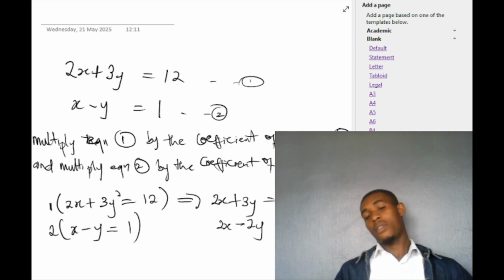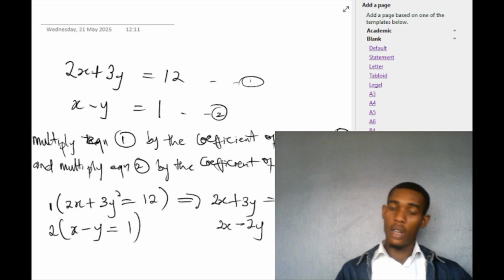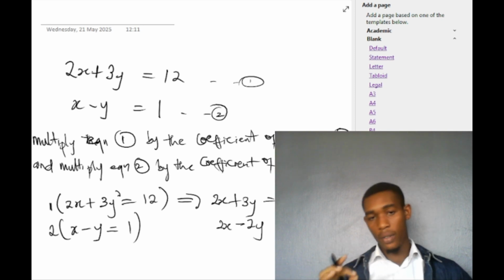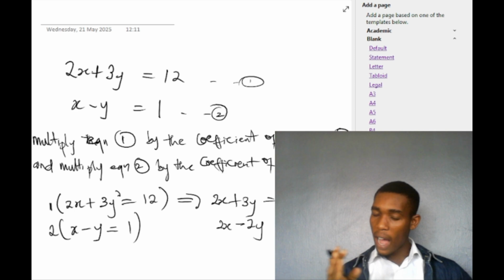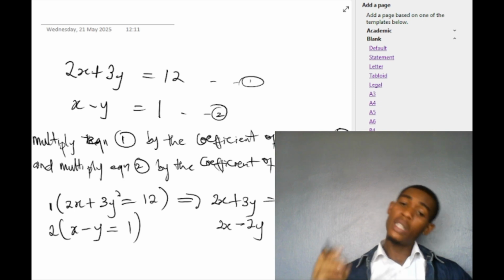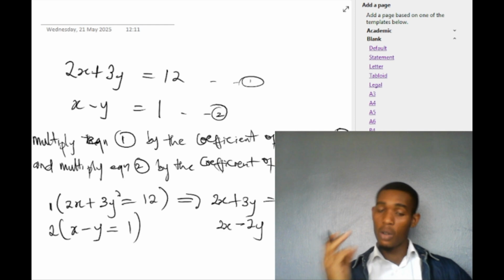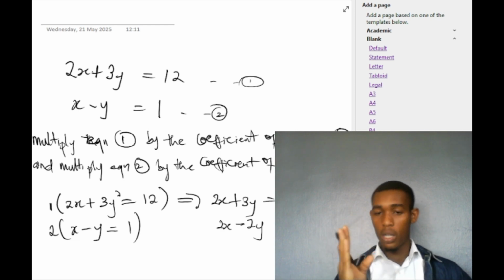This is very beautiful because something has just happened. We've been able to make variables that had different coefficients have one and the same coefficient, at least for one of them. The goal is not that all of them have the same coefficients, but that one variable is consistent.